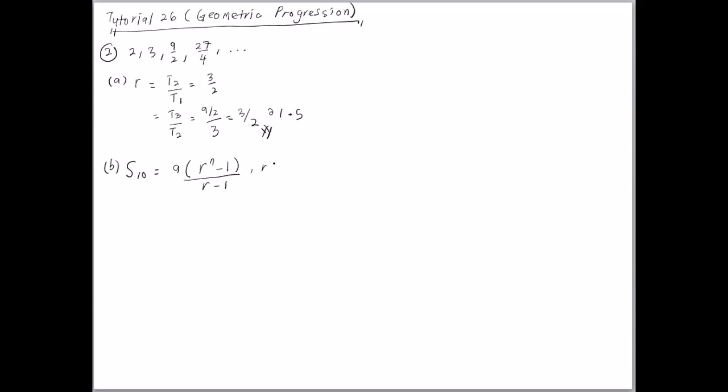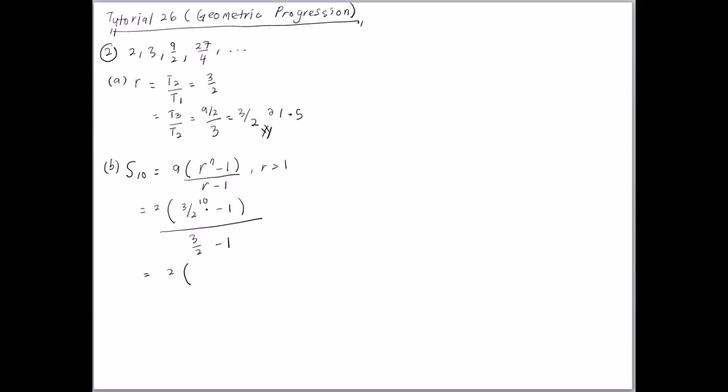Let's substitute. Our a is 2, the first term, R is 3 over 2 or 1.5. So 3 over 2 power n, power 10, minus 1 over 3 over 2 minus 1.